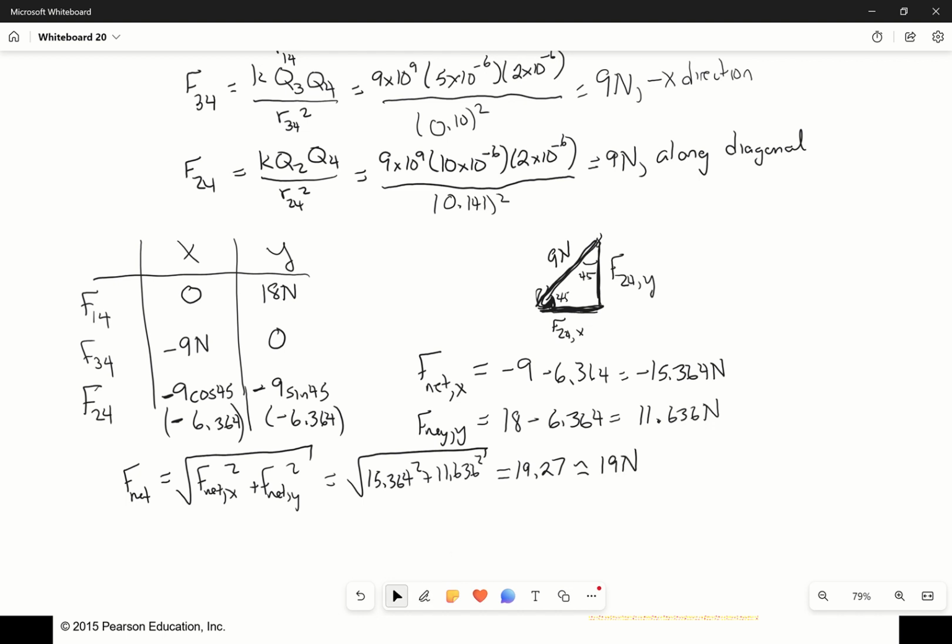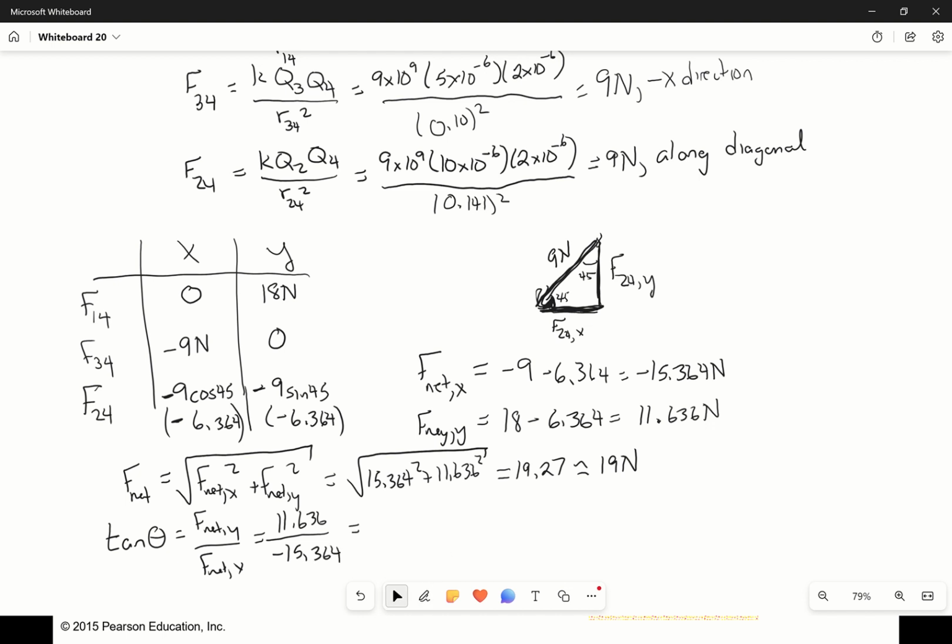What's the direction? Well, for the direction, tan theta is y over x. So it's going to be F net y over F net x. So that's going to be 11.636 over negative 15.364.